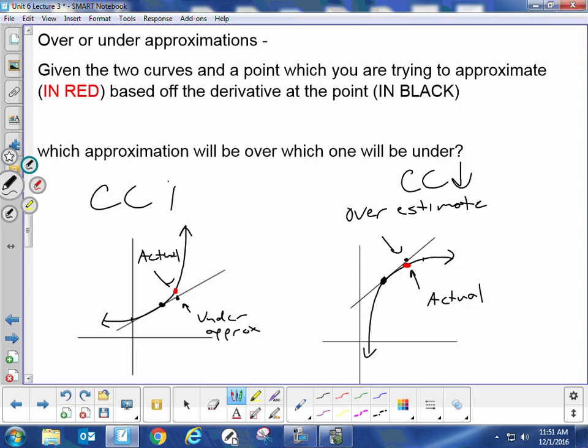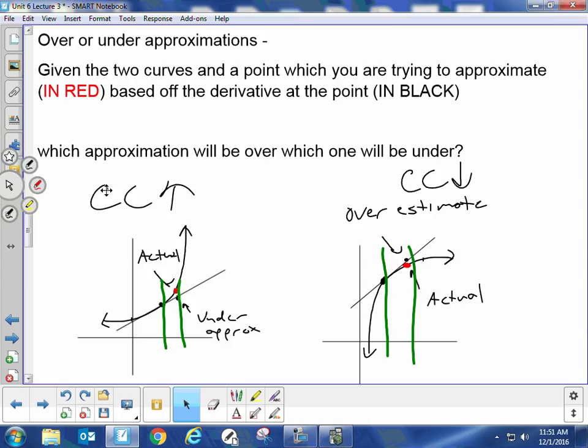This piece of graph is concave up. Now, the entire graph does not have to be the same concavity. The concavity is only important between your value and the value you're trying to approximate. These would be your intervals where your graph would need to be concave down or concave up. Okay?